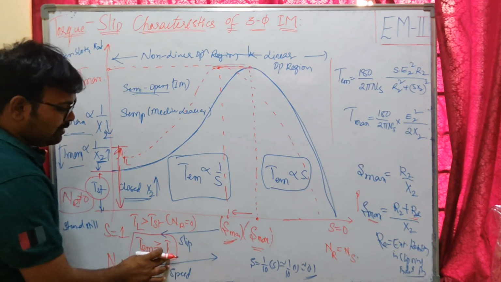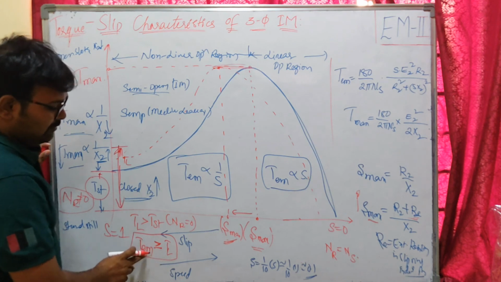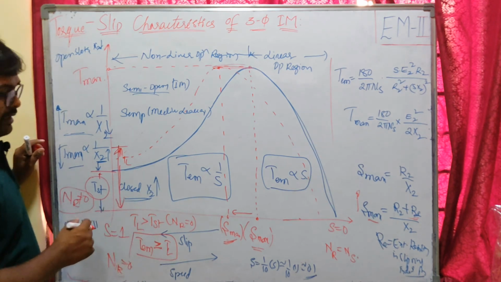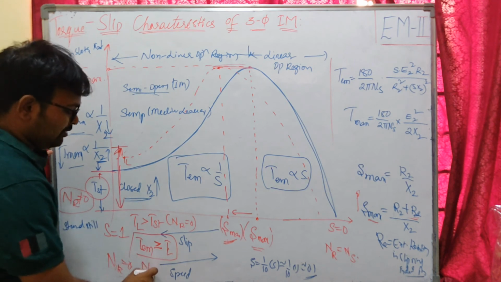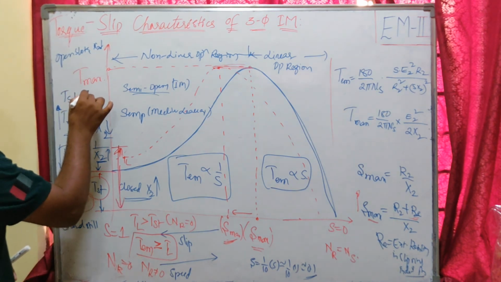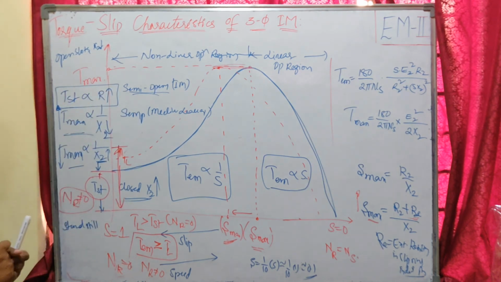This is the only condition whenever our rotor rotates. Then only operation is possible. You can increase the starting torque by increasing the resistance of the rotor, that I am going to discuss in the next class.